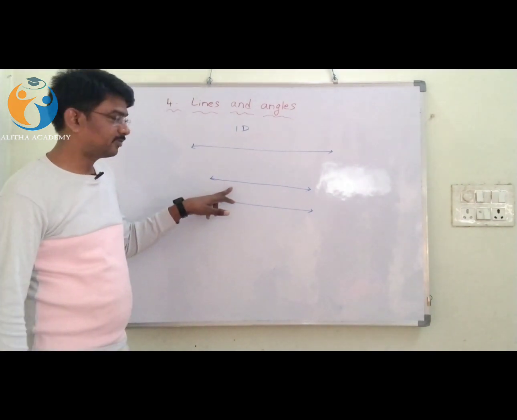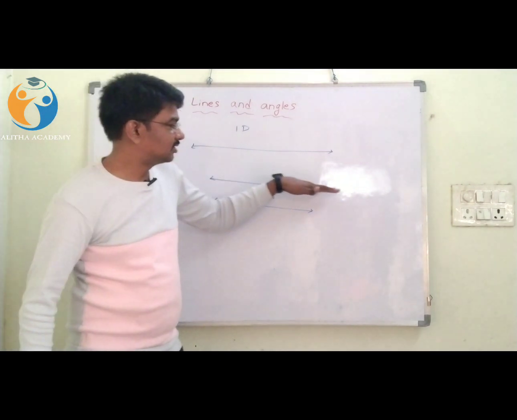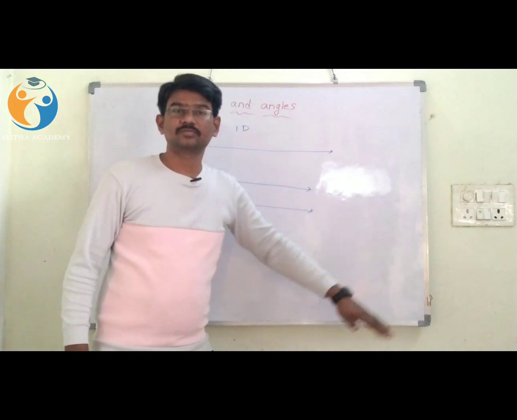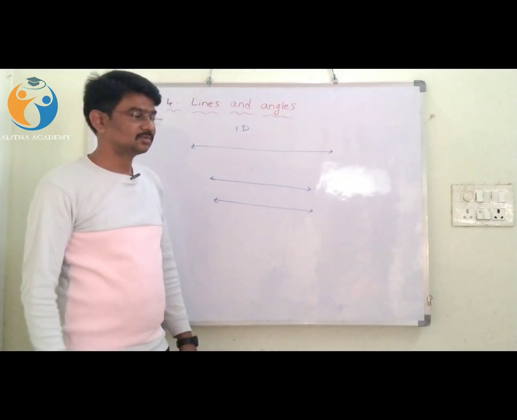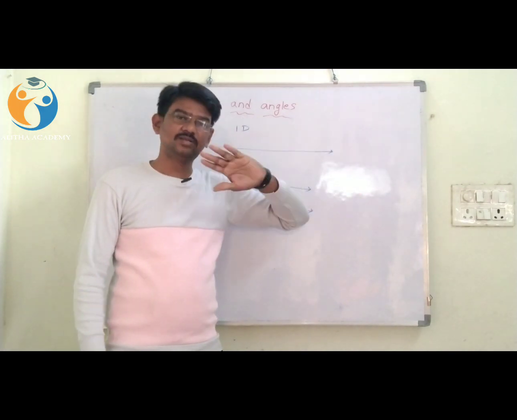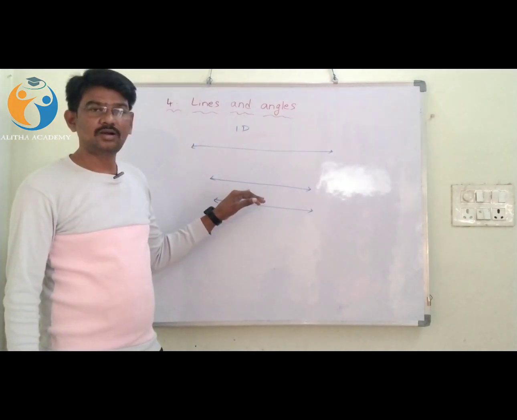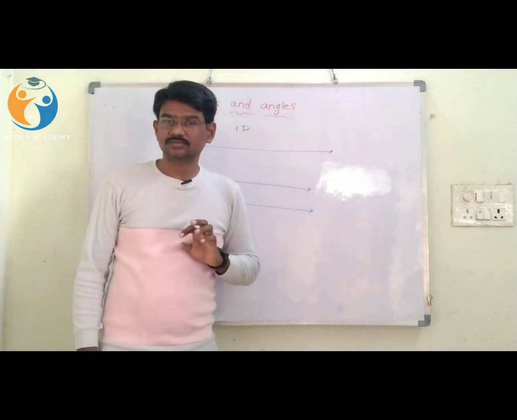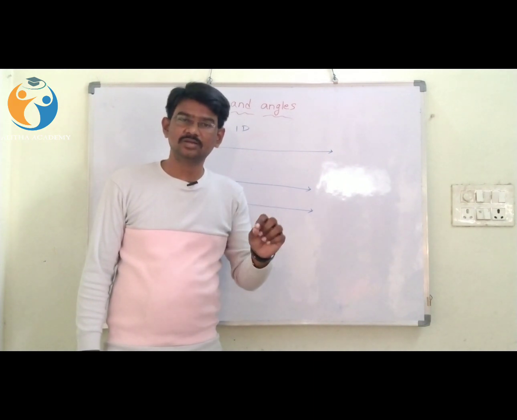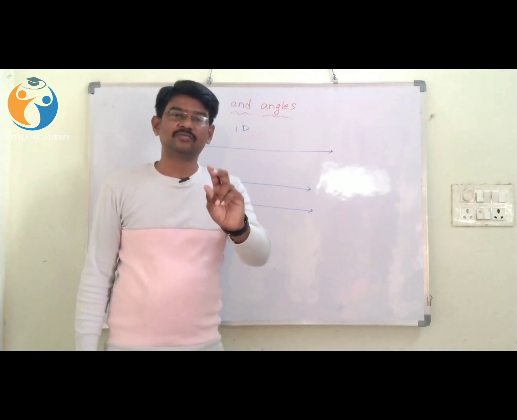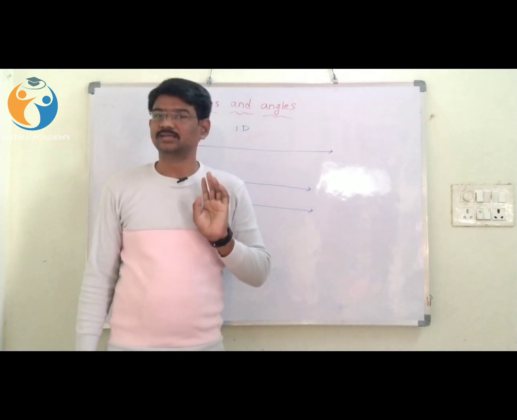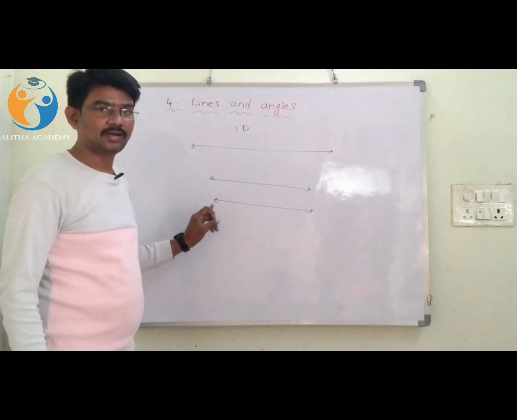No. No touching anywhere. Even after continuing a very long distance, they never touch. These are called parallel lines. The definition: if there is no common point for two lines, they are called parallel lines.